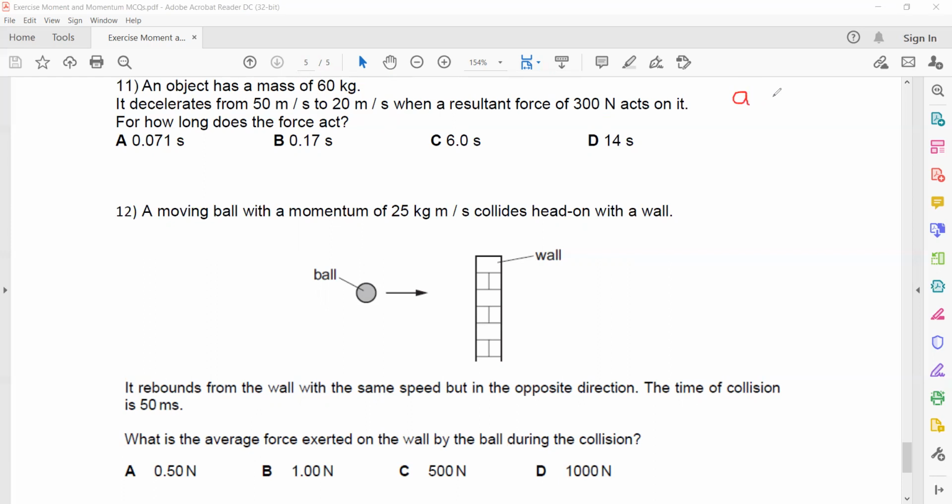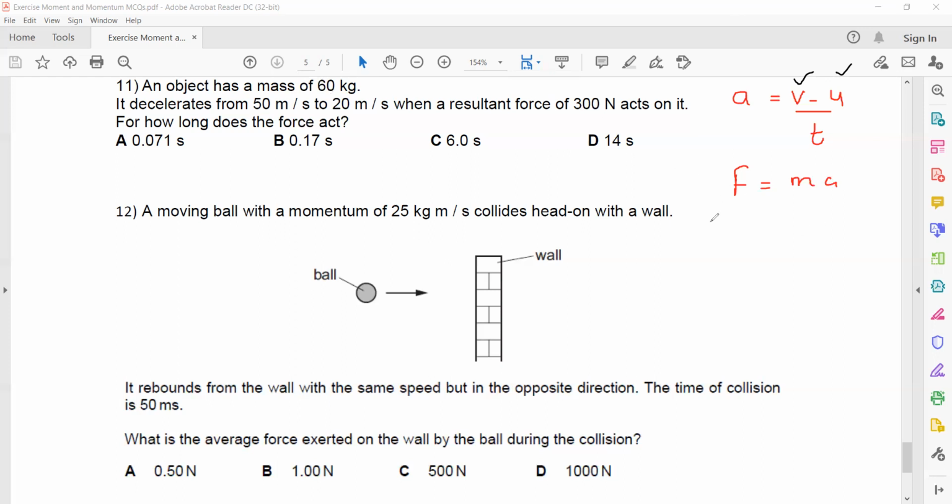So we can use the formula for acceleration, which is final minus initial divided by time. Using this, we have the final velocity, we have the initial velocity, but we need time, and we don't know the acceleration. So first we have to find the acceleration by using the formula F equals ma.